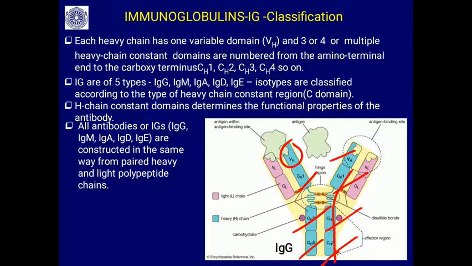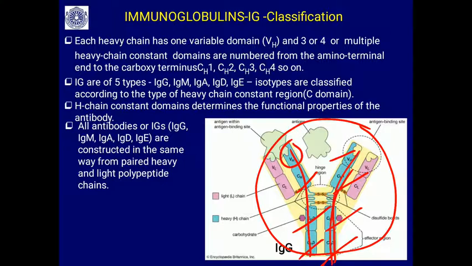All antibodies or immunoglobulins, IgG, IgM, IgA, IgD, IgE, are constructed in the same way, from paired heavy chain and light polypeptide chains. All of these have the basic organization you studied in the last video about IgG: the heavy chain and light chain held by the disulfide bond between the two heavy chains.